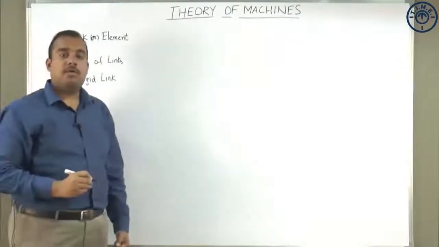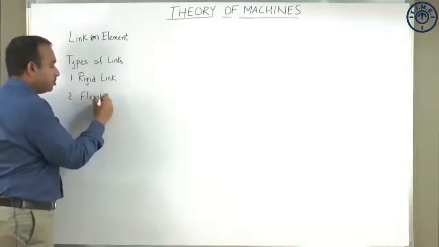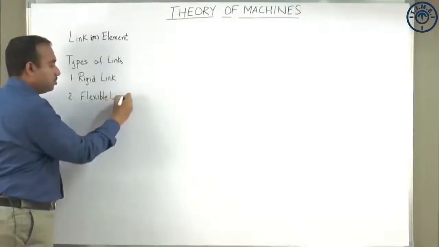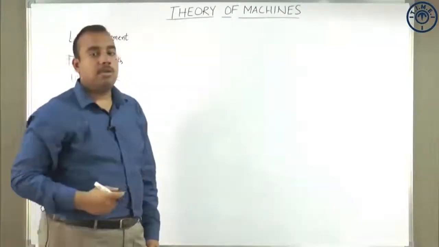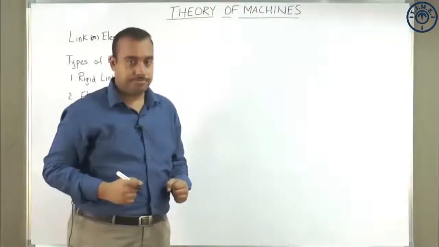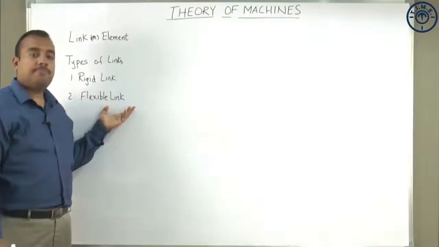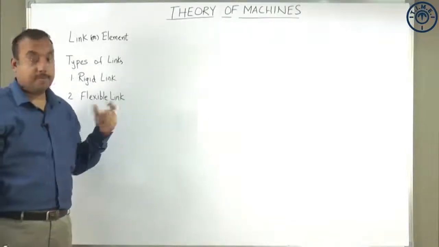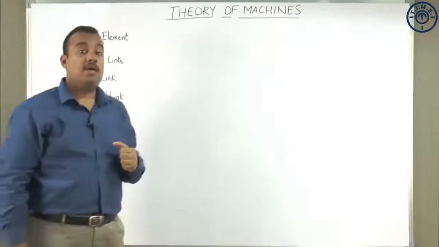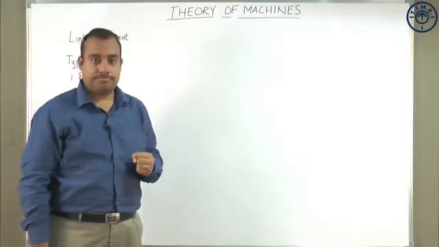The second type of a link is a flexible link. In a flexible link, the deformations are permissible, but within certain limits. Examples of the flexible link are belt and rope drives. The belt is a flexible link. Therefore, a link need not be a rigid body always.